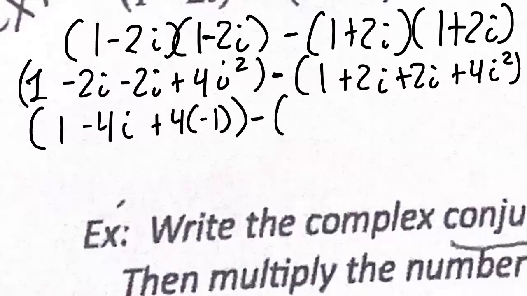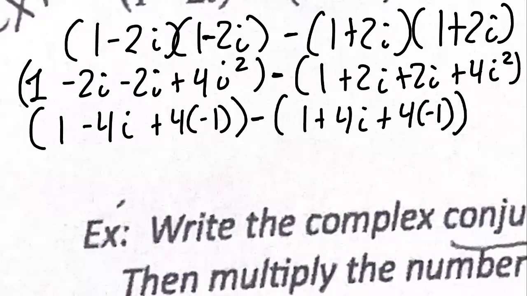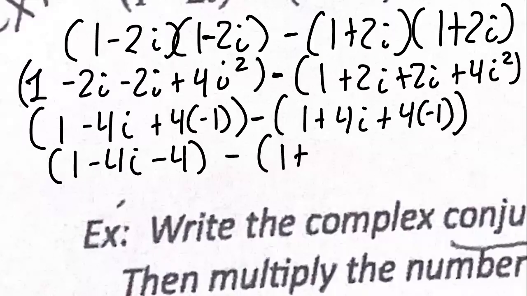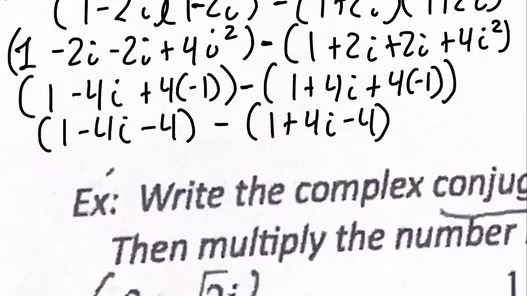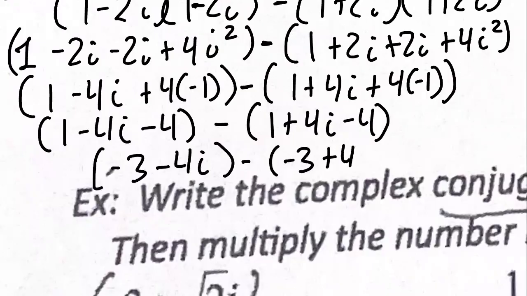Kind of have to do a lot of parentheses. So here you'll have 1 minus 4i minus 4, minus 1 plus 4i minus 4. So combine like terms: negative 3 minus 4i, minus negative 3 plus 4i. Distribute the negative.